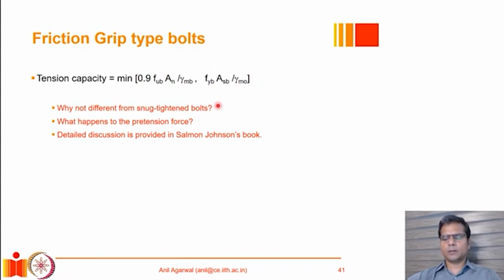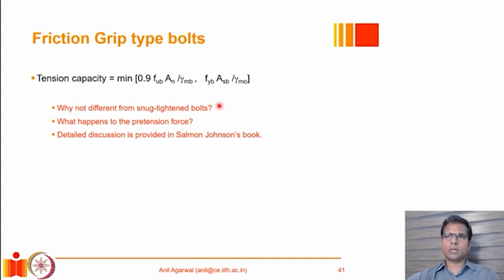And this is a rather counterintuitive proposition. As we might understand, when the bolt is subjected to an external tension force demand, even before that, a pre-tension bolt is already at a very high level of tensile stress, which is usually approximately 70% of its total strength. So a bolt which is under that high a tensile stress already, when we apply an external stress to it, how can it still resist the entire bolt strength which was available if the bolt were not in pre-tension?